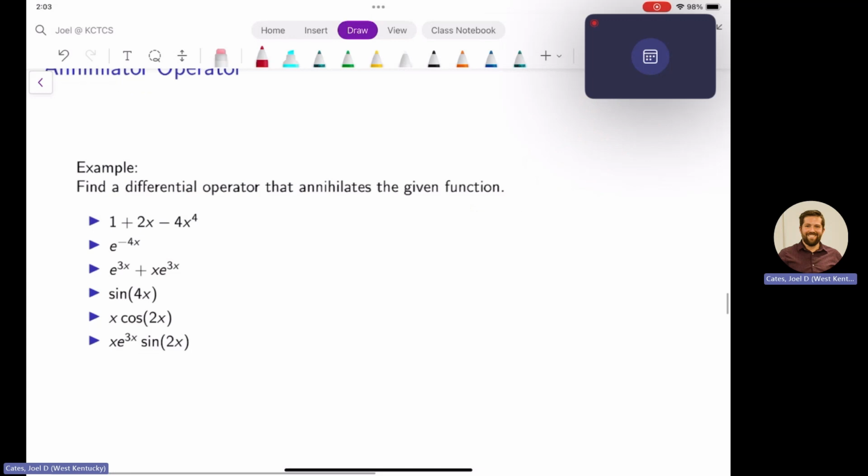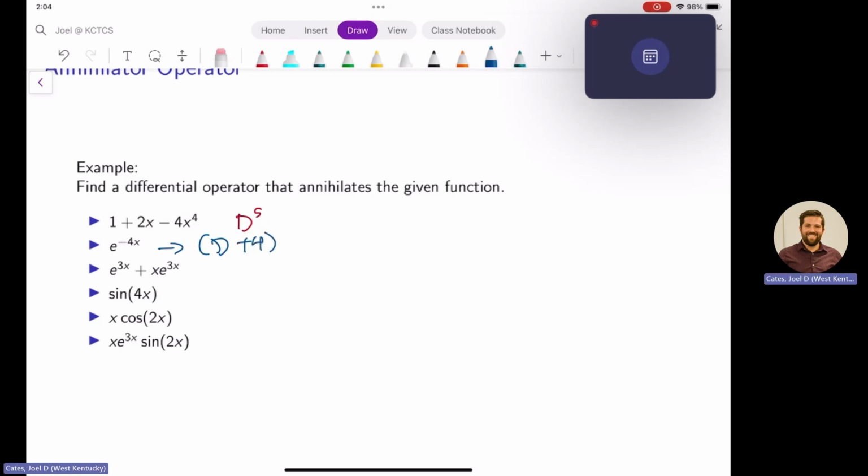So let's just think for a moment about annihilating these different expressions. So with this pure polynomial in the first one, all I would need is D to the fifth. 5 derivatives will get rid of everything in that expression. In the second one here, I'm going to need something that looks like D plus 4.